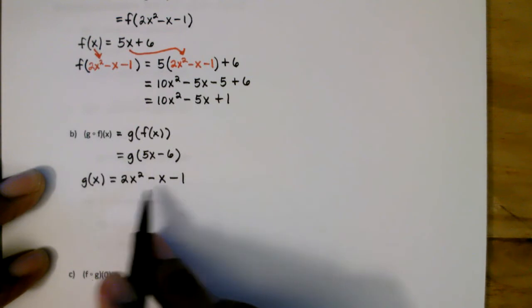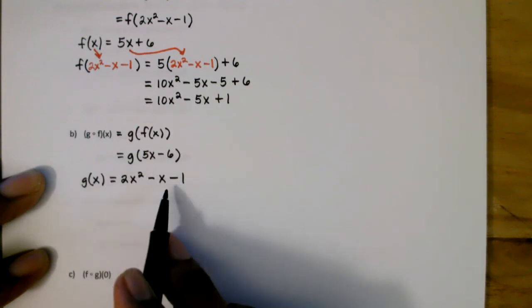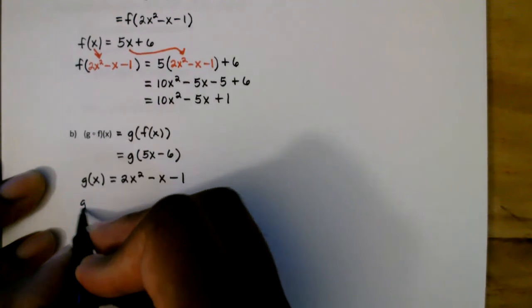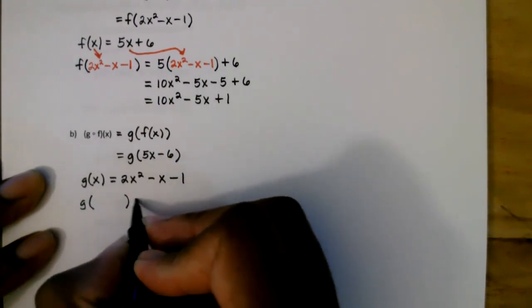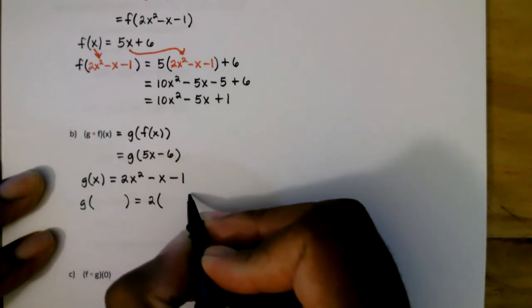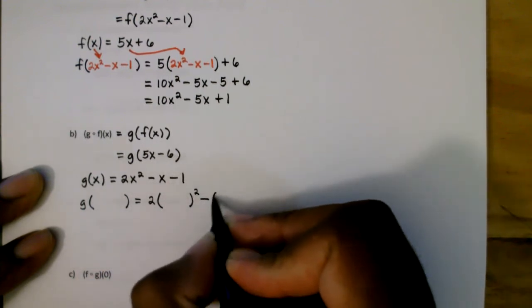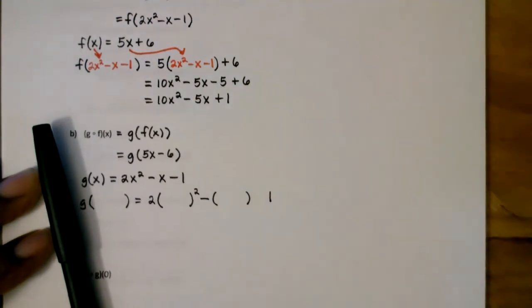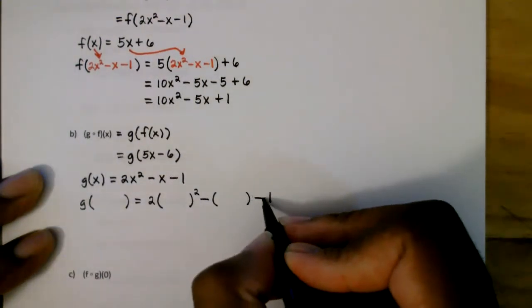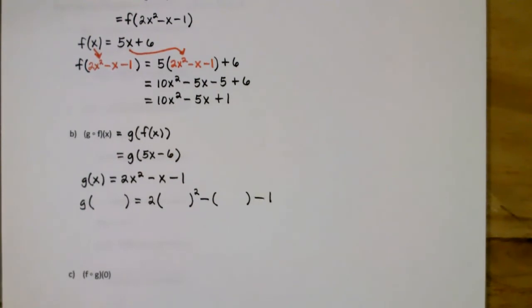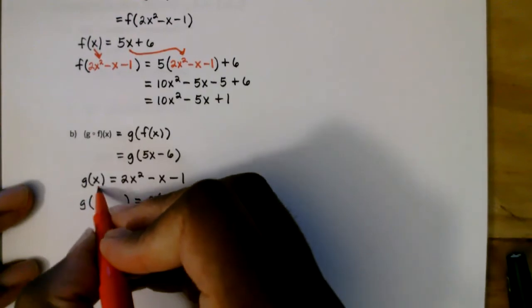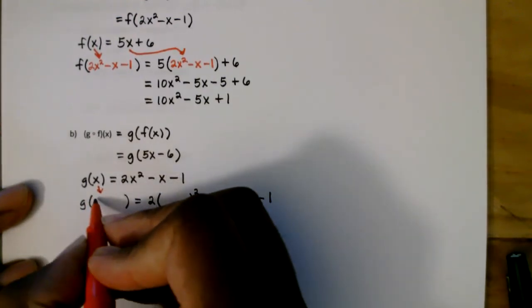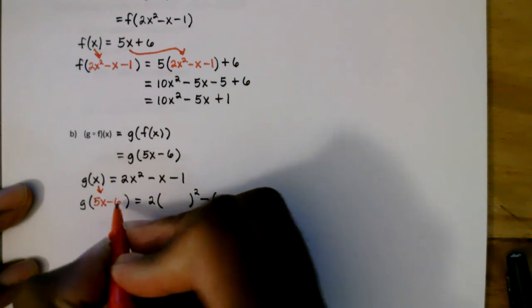So for each x in g of x, I'm going to substitute it with what f of x is. Then 2 times, I'm going to substitute the x, and that's going to be squared, minus the x, minus 1. So in this case here, this x in g of x will be replaced with what f of x is, that's 5x plus 6.